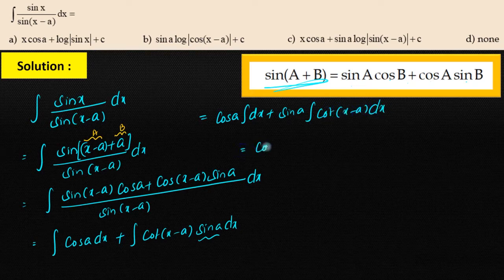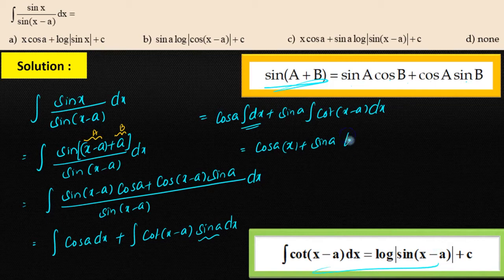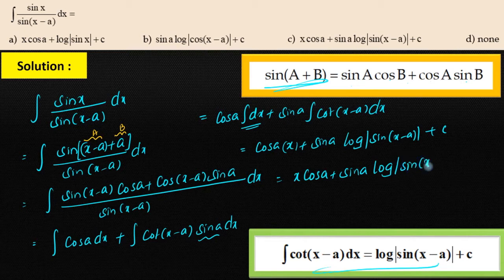This equals to cos a into integral dx is x, plus sin a into integration of cot of (x minus a) is log of mod sin of (x minus a) plus c. This equals to x cos a plus sin a log of mod sin of (x minus a) plus c. Therefore, the answer is option C.